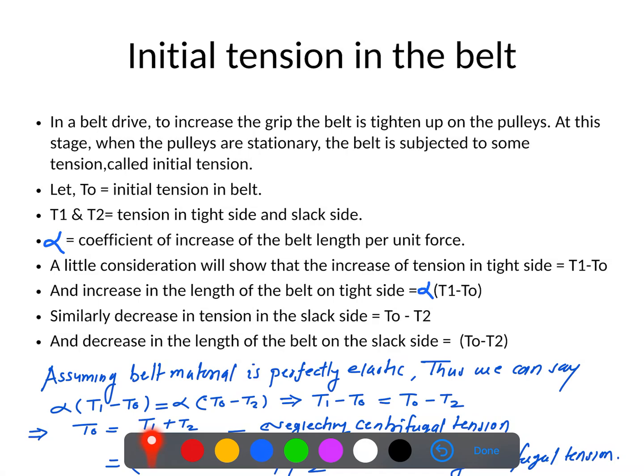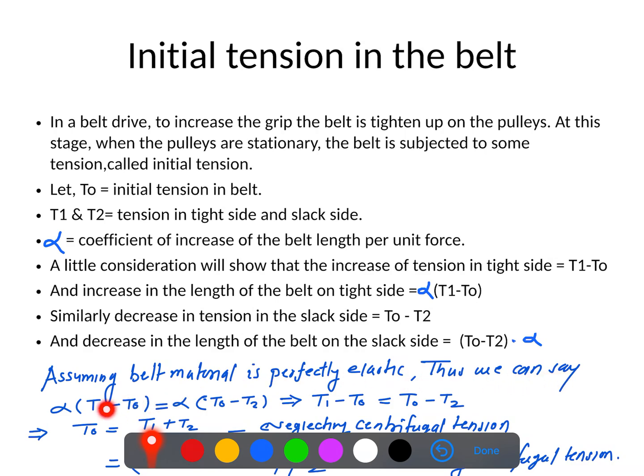Similarly, the decrease in the tension in the slack side is equal to T0 minus T2, and the decrease in the length of the belt on the slack side is equal to T0 minus T2 into alpha. Assuming the belt material is perfectly elastic, whatever the increase in length on the tight side, there will be a similar decrease in length on the slack side.